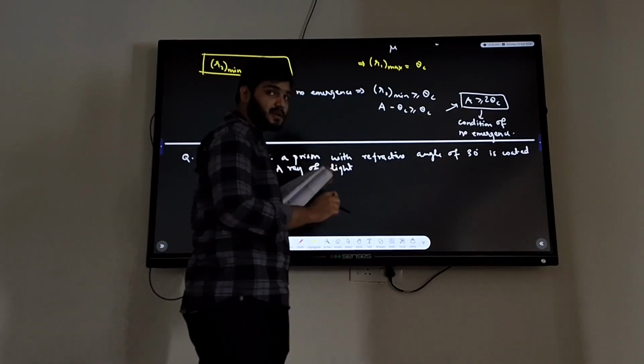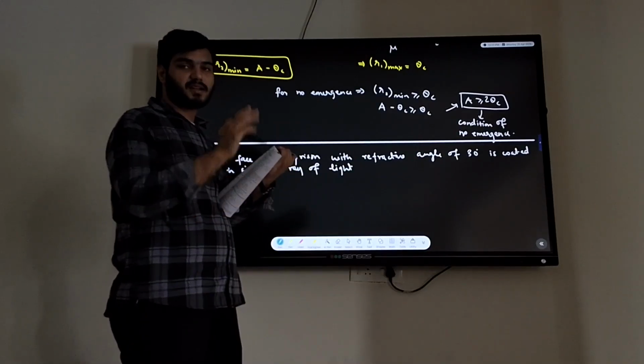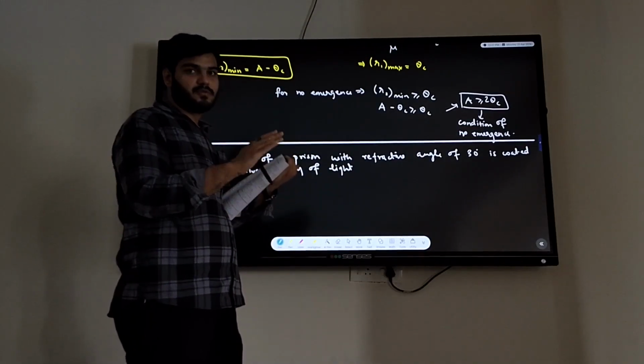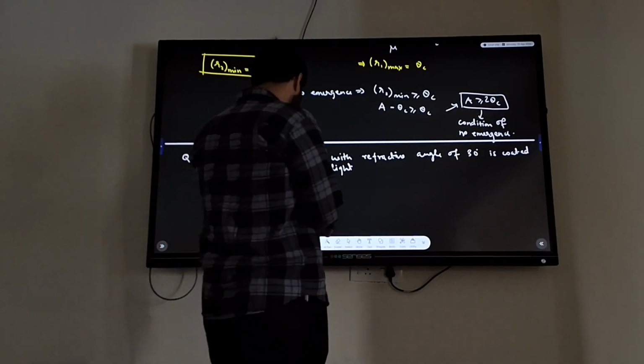Please remember that we have only talked about homogeneous prisms, in the sense that I have talked about only one mu throughout the whole thing. Homogeneous and isotropic actually.